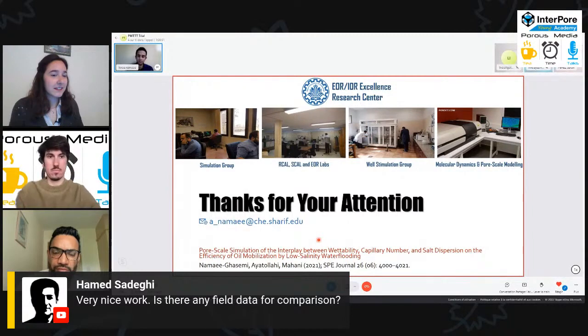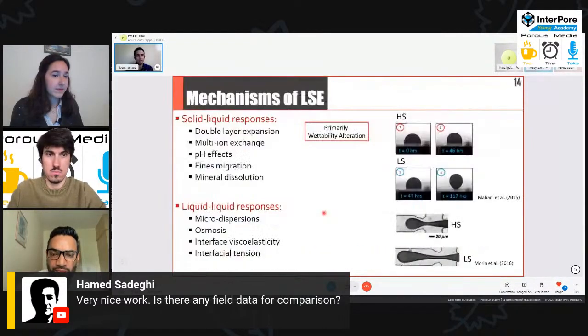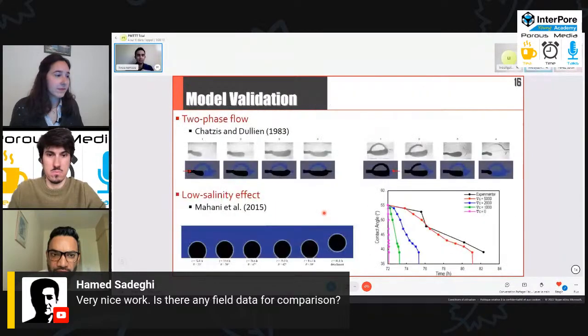Yes, there are some experimental data that we have checked with our model. As you can see in this slide, there wasn't time for me to show them. We have validated our model with experimental results from two aspects.